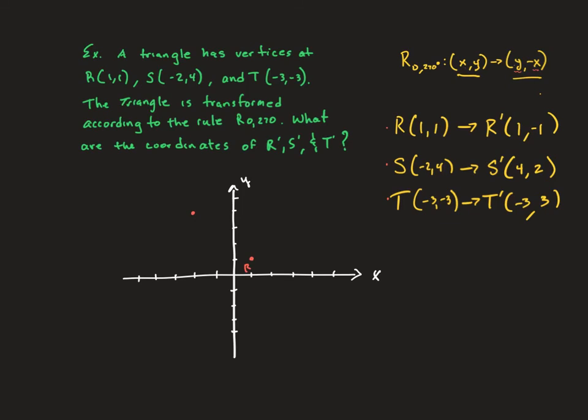And T is going to be -3, -3, sorry. Right there. So that is what that looks like. And then when I go to do my rotation, goodness, I hope this works out.